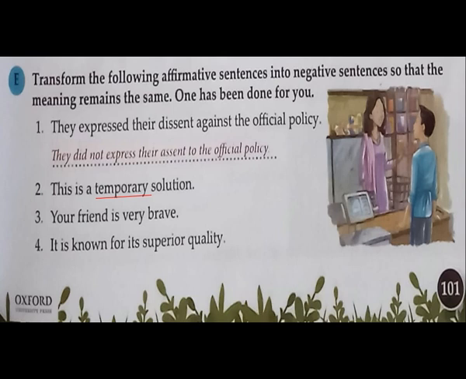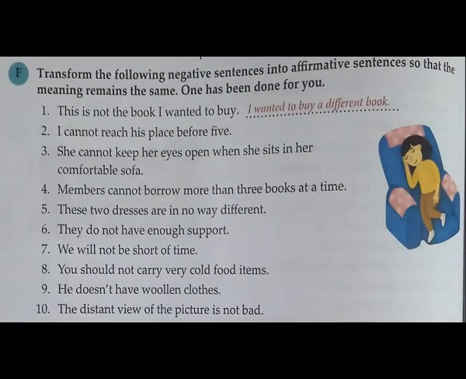So we can change this sentence into the negative as, this is not a permanent solution. Got it? So here we have at least 10 sentences in this exercise which you have to solve on your notebook. Let's turn to page number 102.